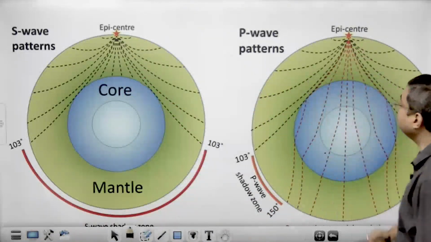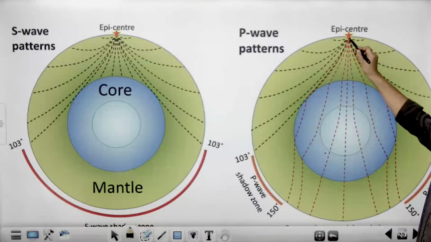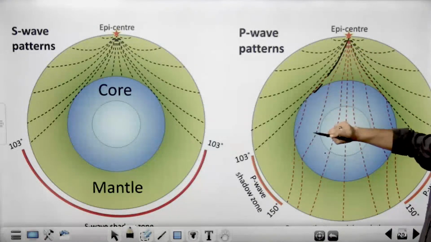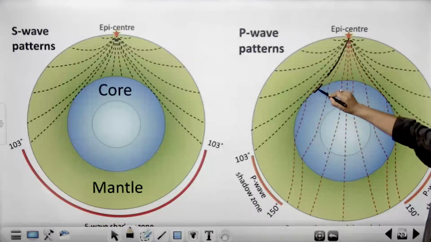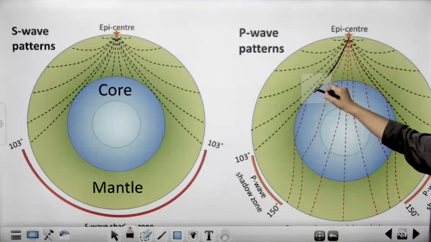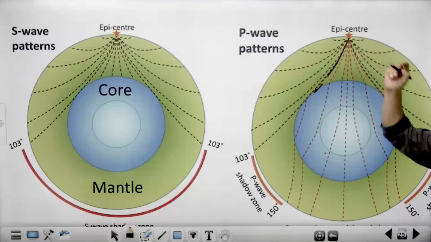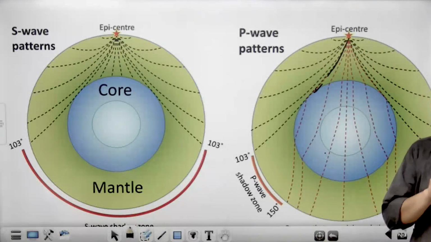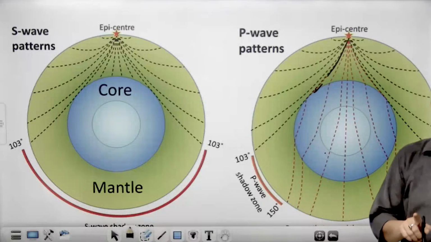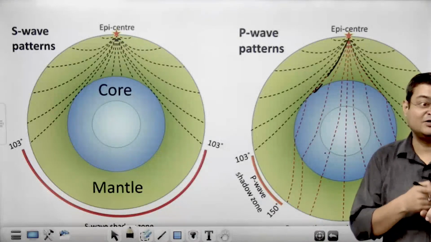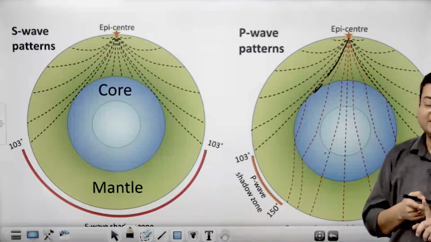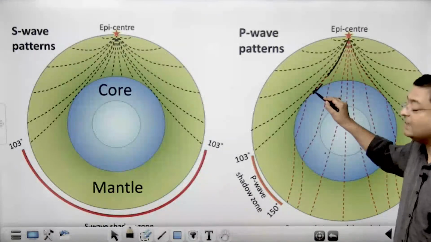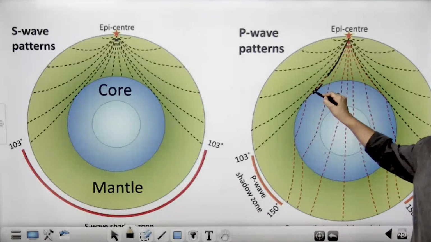Let's talk about the P wave. Here we are at the outer core. Now the speed of a P wave in the outer core first decreases. Why? Because the P wave is now crossing through liquid, and remember P wave was analogous to a sound wave. तो यहां पर हाइड्रोस्टैटिक प्रेशर लगता है पानी की तरह.